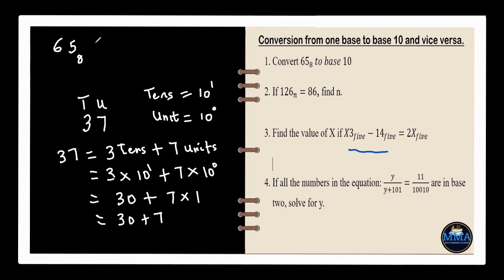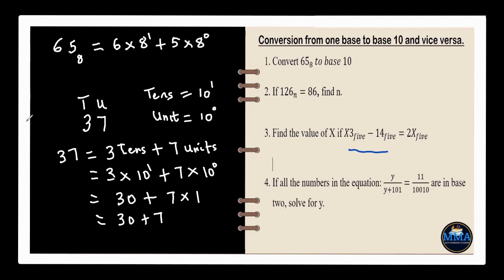So in expanded form, this is going to be 6 times 8 raised to power 1 plus 5 times 8 raised to power 0.